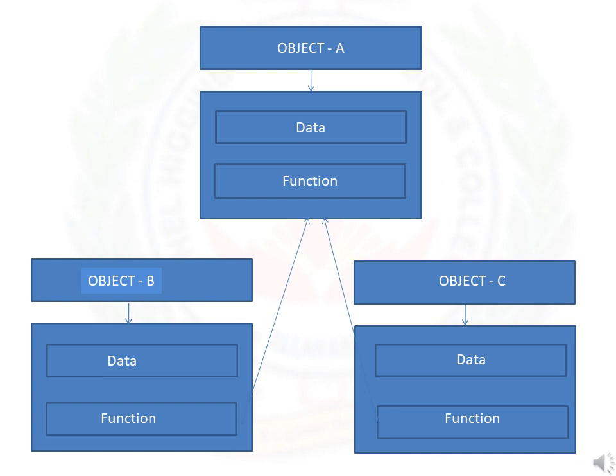See here the object A, object B, and object C. The data of object A can be accessed through the function associated with object A. And here the data of object B can be accessed through the function associated with object B. Like this, the data of object C can be accessed through the function associated with object C. However, see these two arrows, the function of an object can access the function of another object.